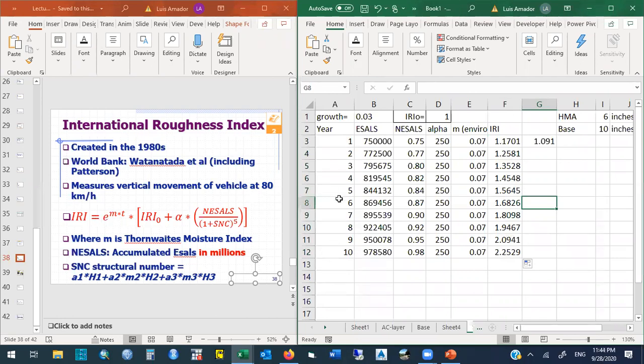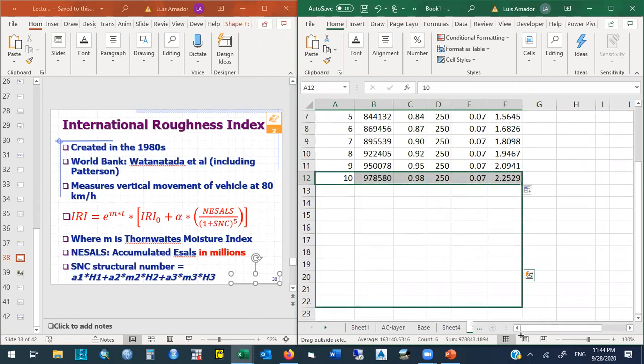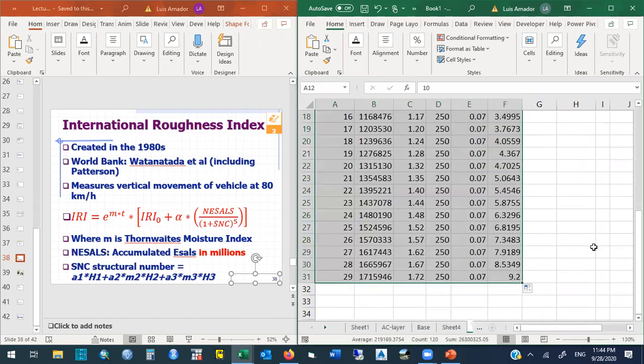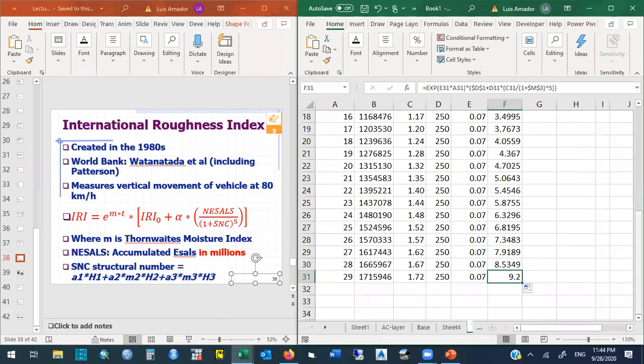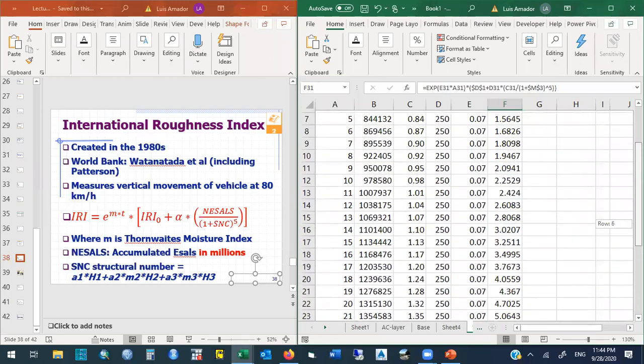So now, how do I know what to do on a pavement that is at 225? Is that good? Is that bad? Or if I continue here, more years. Now I reach 9 after 29 years.